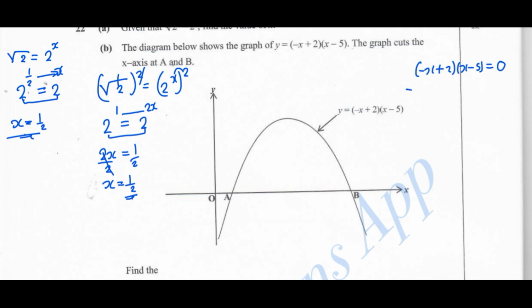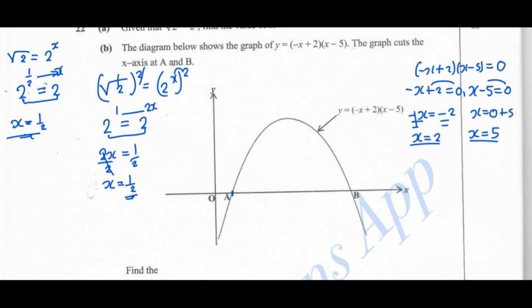So now we'll say negative x plus 2 is equal to 0, and x minus 5 is equal to 0. So now we have negative x is equal to negative 2, so x is equal to positive 2. Then here it will be x is equal to positive 5.